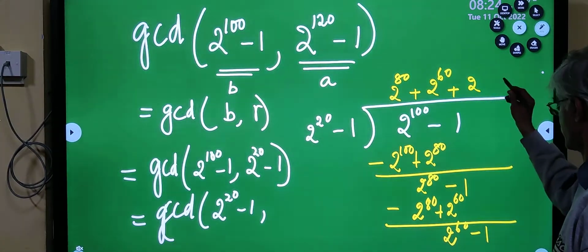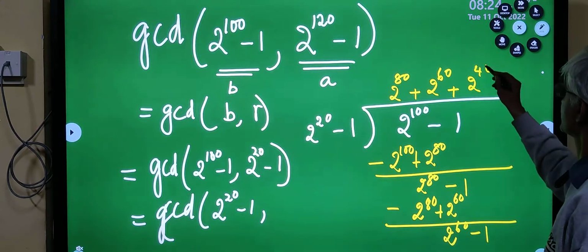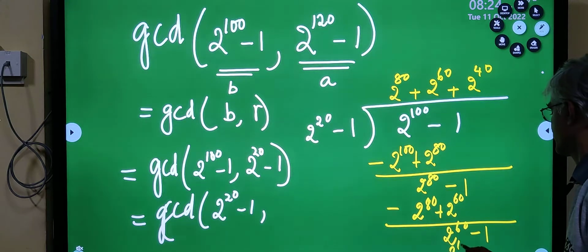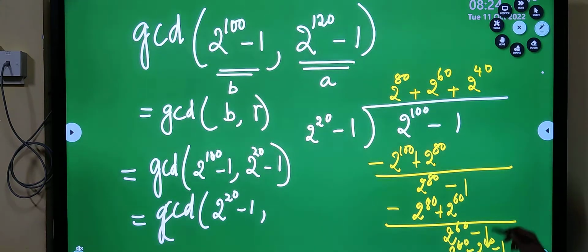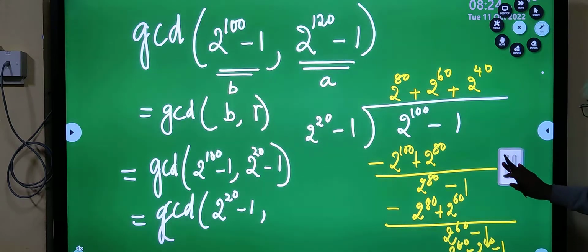So 2 raised to 40, and now this is going to be 2 raised to 60 minus 2 raised to 40 minus 1, and therefore now I should continue with this.